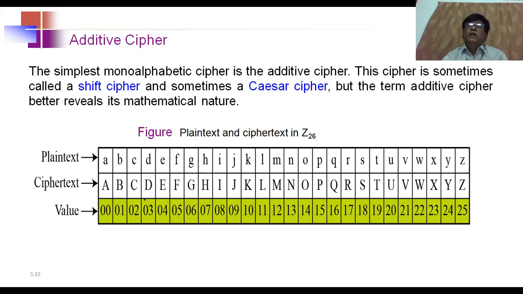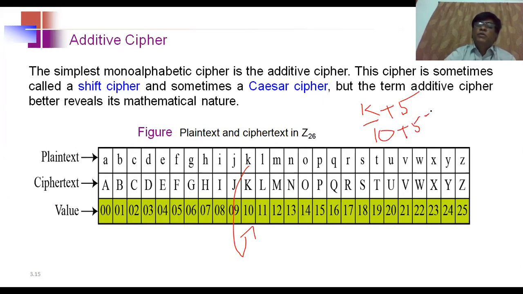I can add some numeric value to any character. For example, assume the integer value for K is 10. Suppose I want to add 5 to K. Since K's equivalent value is 10, 10 plus 5 is equal to 15.